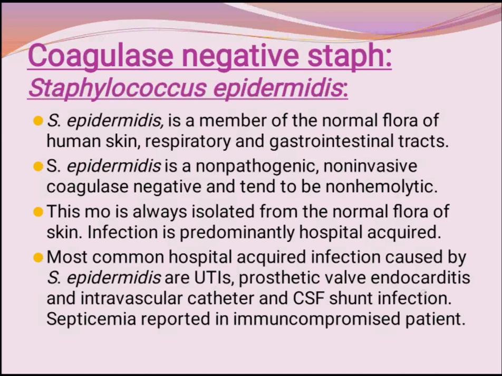Prosthetic valve, which is a prosthetic device in the heart, the microorganism can get stuck on this prosthetic valve. Intravascular catheter is also instrumentation, and so is CSF shunt infection. Any foreign body instrumentation inside the body, the microorganism may enter and cause the infection. Septicemia is only reported in immunocompromised patients.